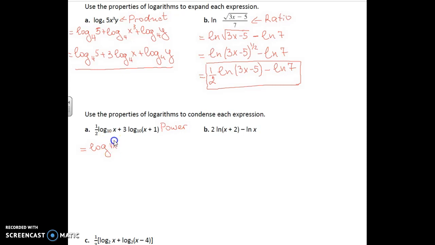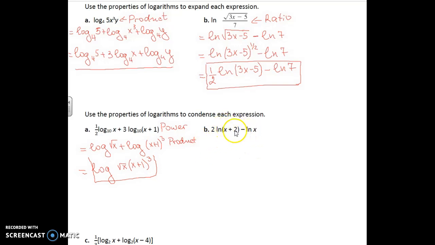Well, 1/2 is really the square root of x. So we have log of square root of x plus the log of x plus 1 cubed. Any sum of 2 logarithms with the same base, you could use the product rule. That will be equal to the log of square root of x times x plus 1 cubed. This right here is our final answer.